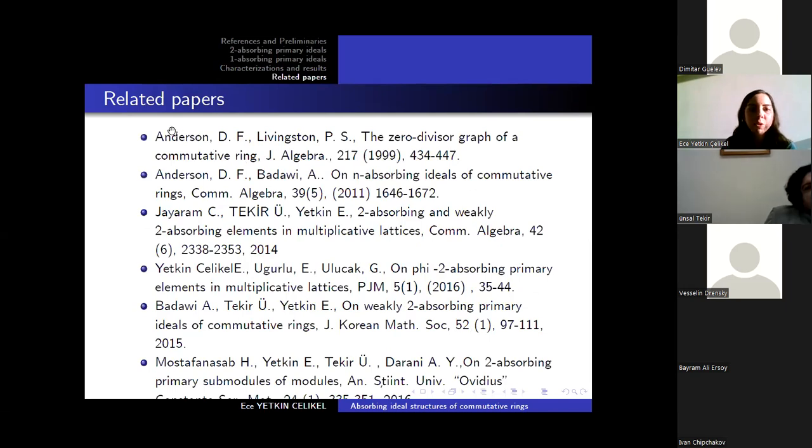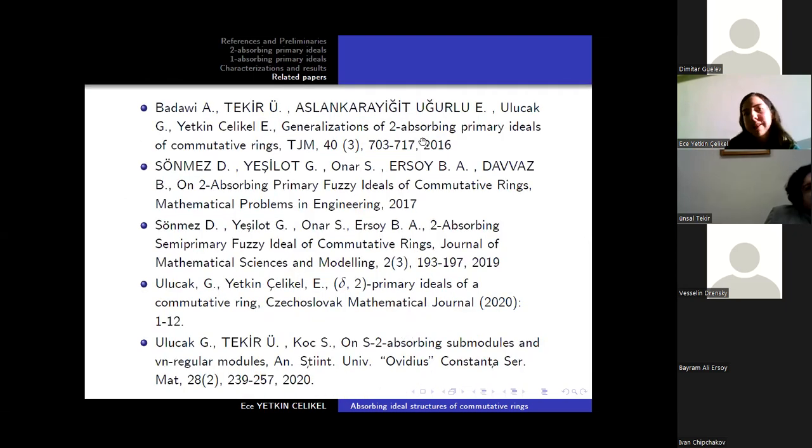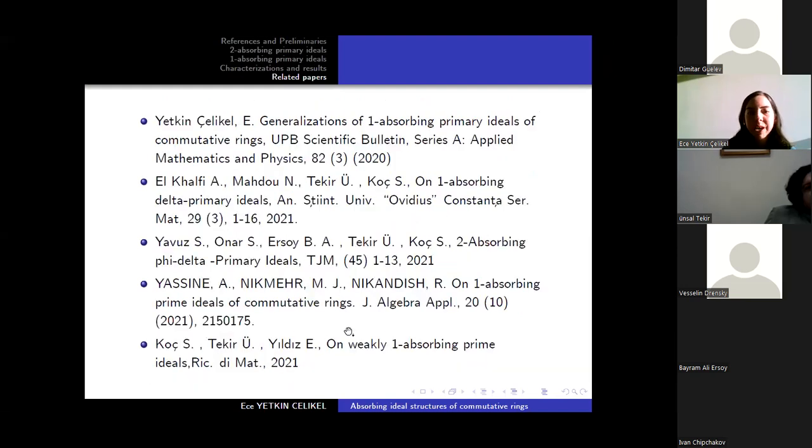Now you can see that more generalizing concepts of absorbing ideals are done, weakly structures are studied, and they are also studied in multiplicative lattices. Related articles also study the fuzzy version, and S extensions are studied too.